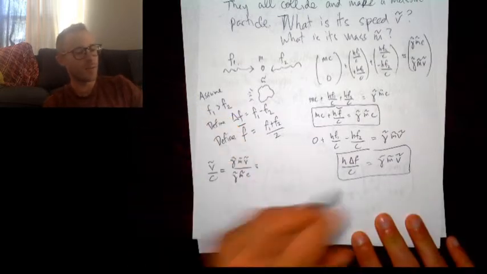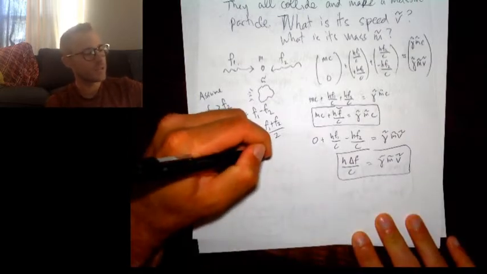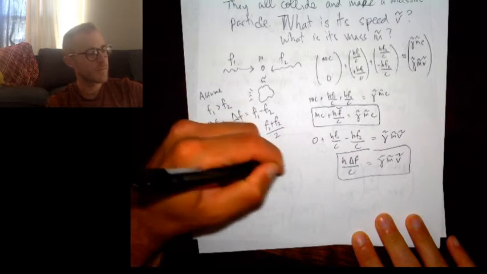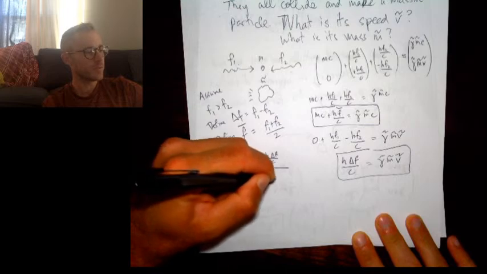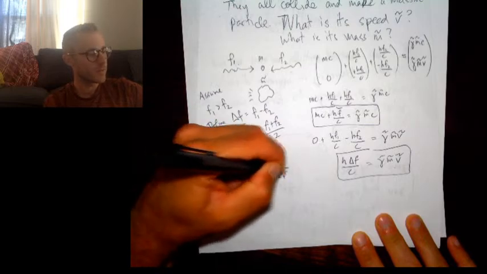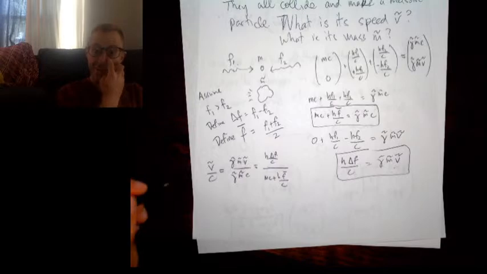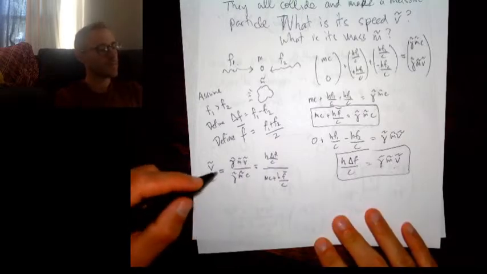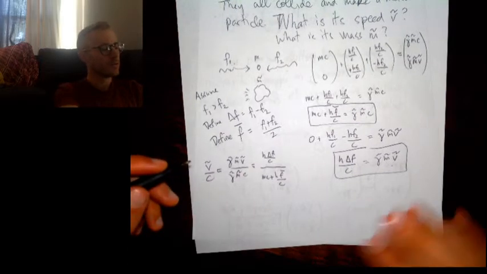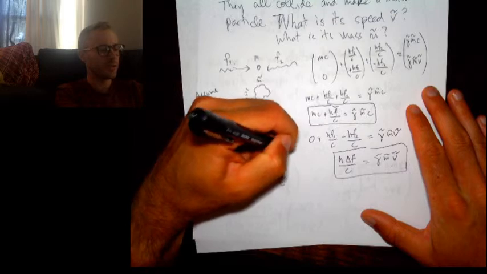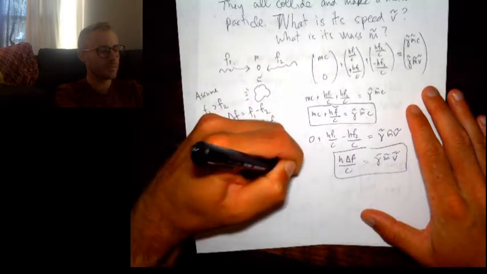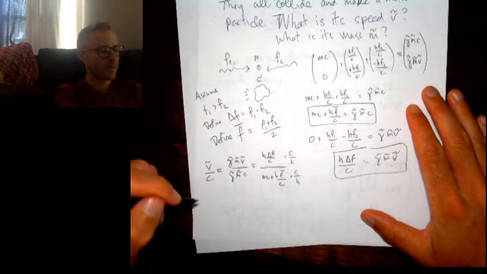Now, using the bottom equation, I could write this as H delta F over C. And the bottom one I could write as MC plus H F bar over C. So then I could multiply both sides by C over H. Like that.